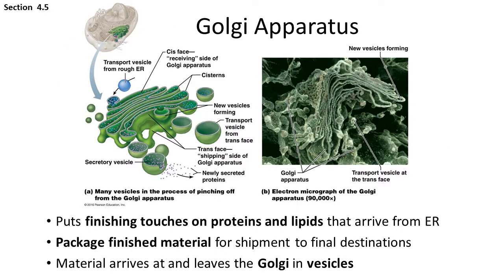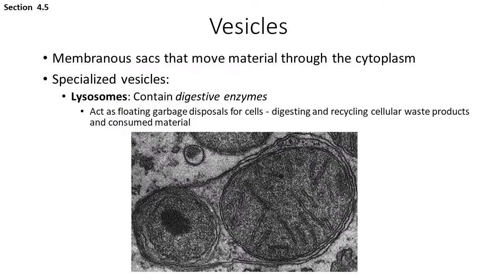So we've now talked about the organelles that are involved in the endomembrane system, which includes the nucleus, the smooth and the rough endoplasmic reticulum, and the Golgi apparatus. Vesicles are membranous sacs that move material throughout the cytoplasm.